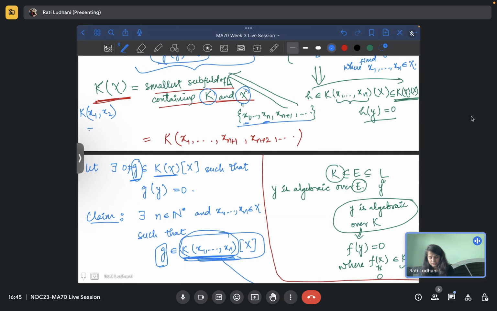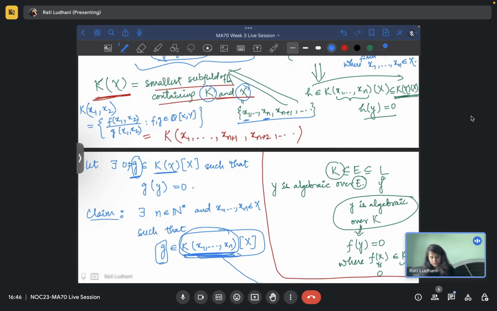So k(x1 to xn) is like something of the kind f over g in x1, x2, such that f and g belong to Q[x, y], and g(x1, x2) is non-zero.